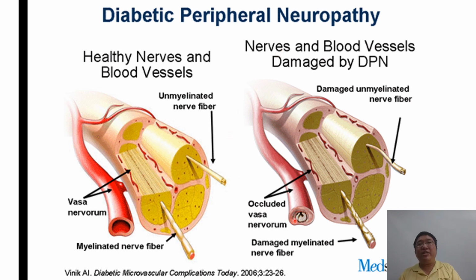The vasa nervorum is occluded, and the nerve fibers are also damaged. Both myelinated and unmyelinated nerve fibers are affected.